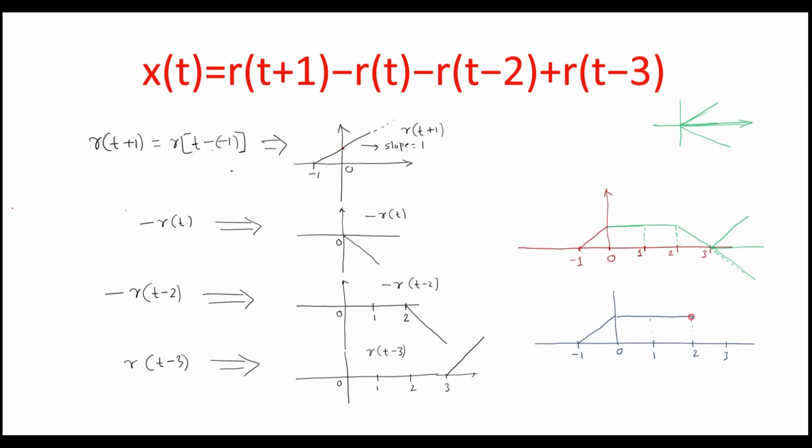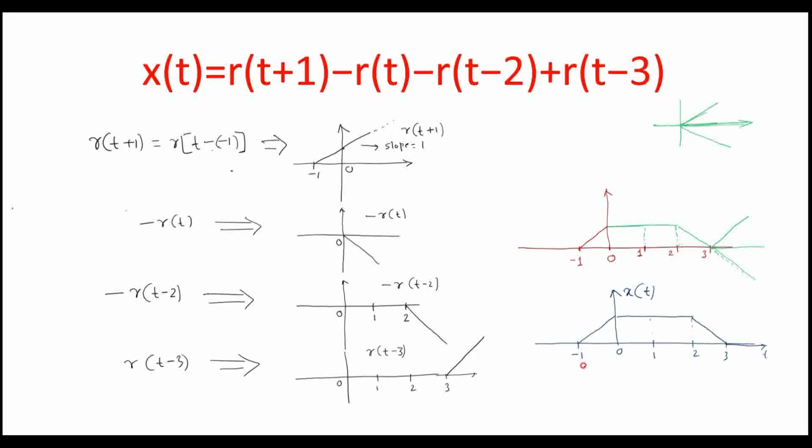And at t equal to 2 the signal will go down, and here the resulting of these two will be constant, that is this one. So this is the signal x of t. Here x of t signal is obtained by adding all these ramp signals directly.